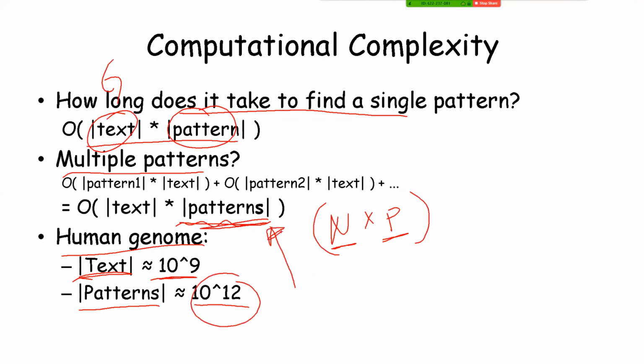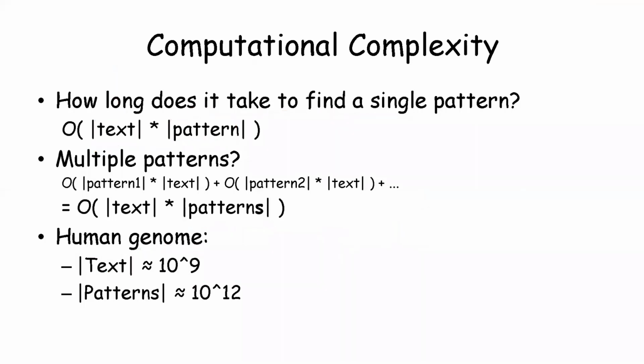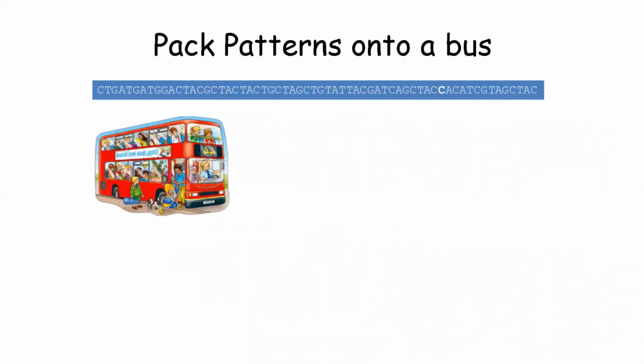This complexity is not going to work well when we try to run it on our computer. It's going to take a long time. One idea is to pack all the short reads into a bus that we will drive once.